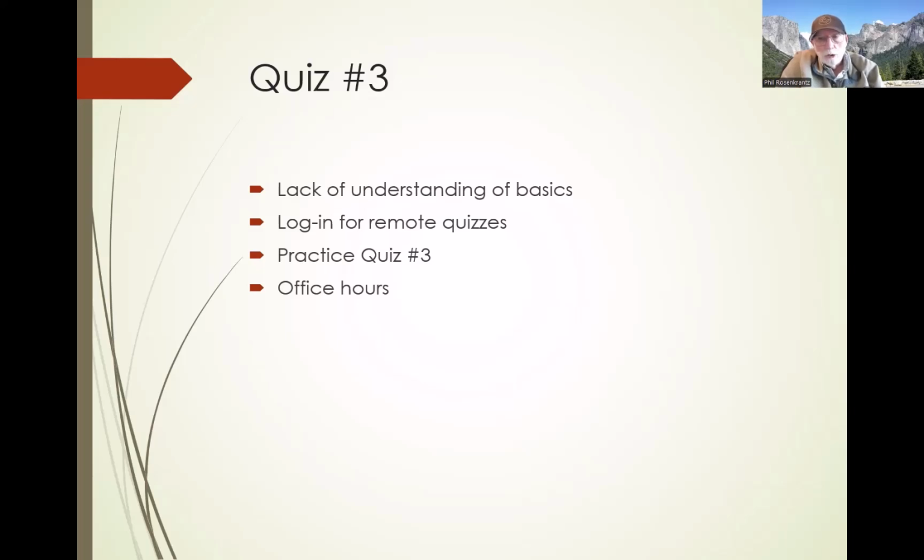So I don't know what's going on, but it's not that I am worried about whether or not you understand something as much as I'm worried that you're just not communicating.